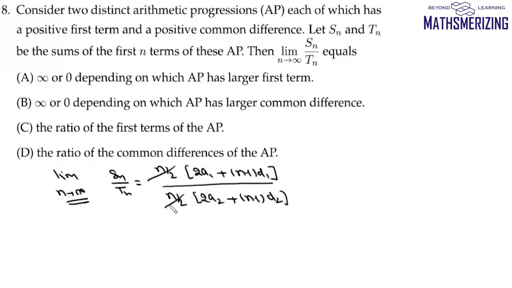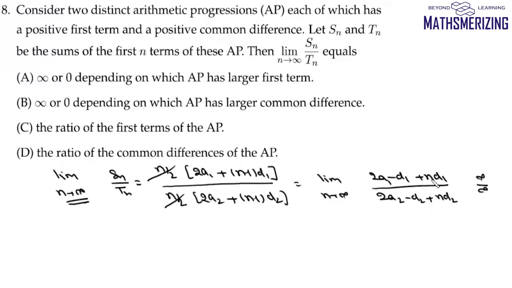So we can cancel this n by 2 with n by 2. So this limit is actually limit n tends to infinity of 2a1 minus d1 plus n d1 upon 2a2 minus d2 plus n d2, which is infinity upon infinity form.